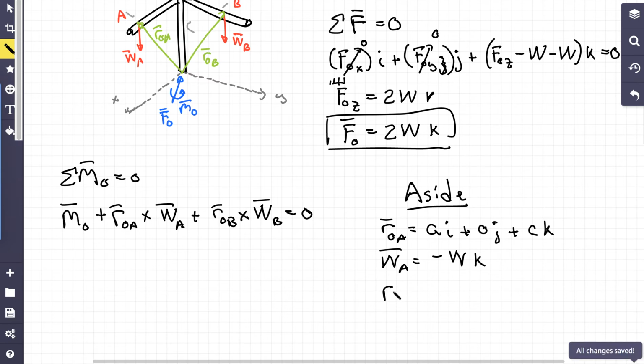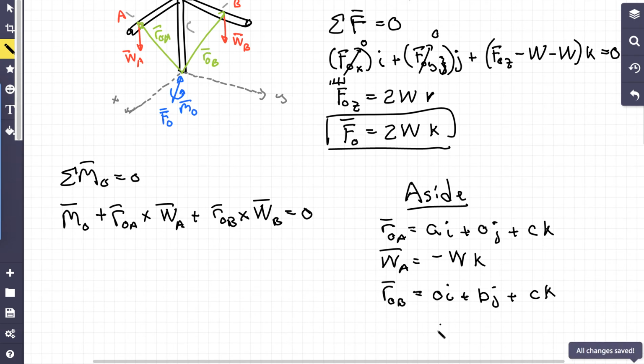Similarly, if we look at the R vector OB, first of all, there's no component in the i direction. But then in the j direction it goes B, plus C in the k.